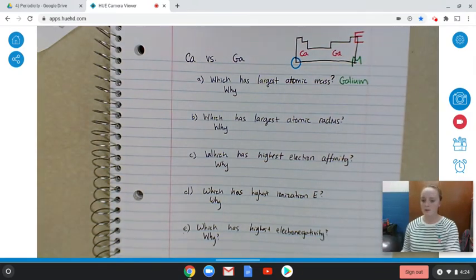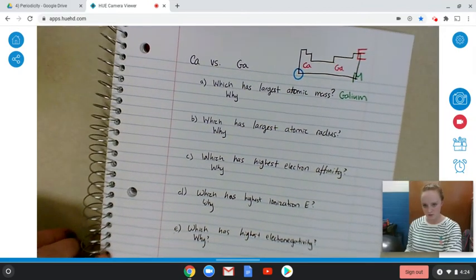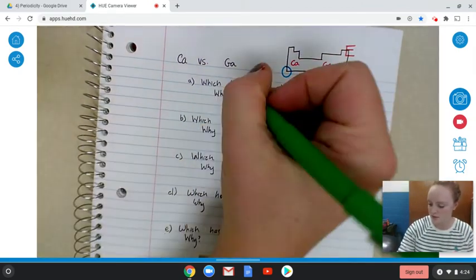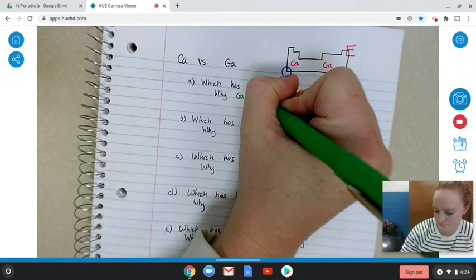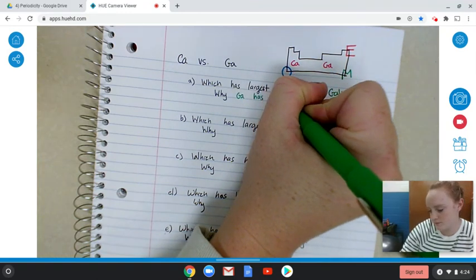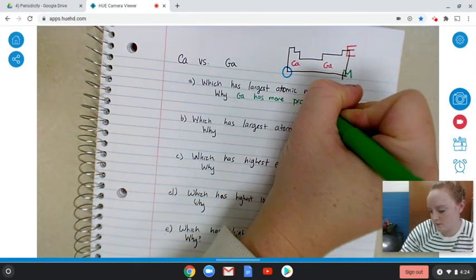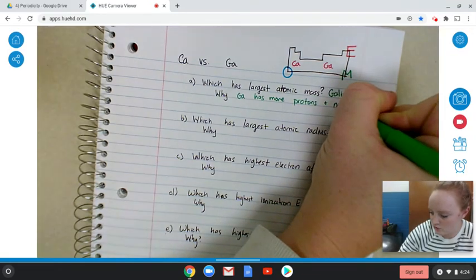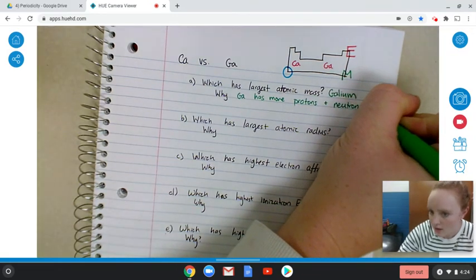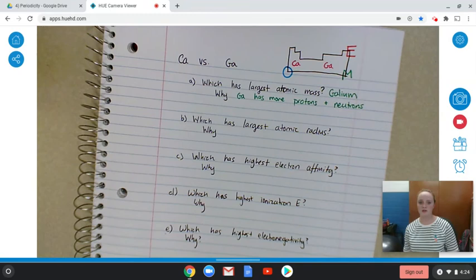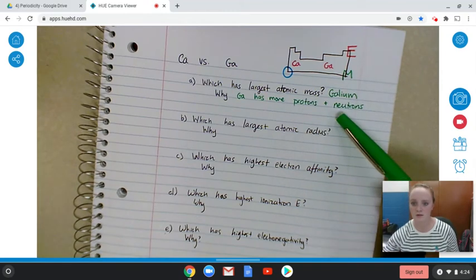Why? Well, our atomic mass logic never changes. Gallium has more protons and neutrons. Sometimes students get mixed up when we get into the electron trends, and they start talking about protons and electrons.